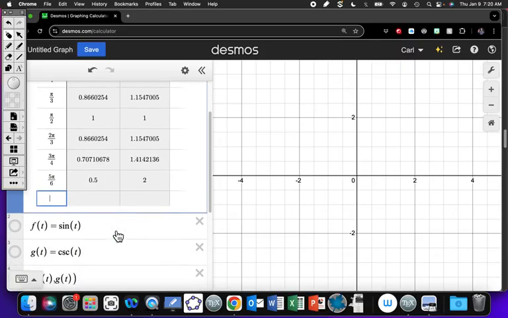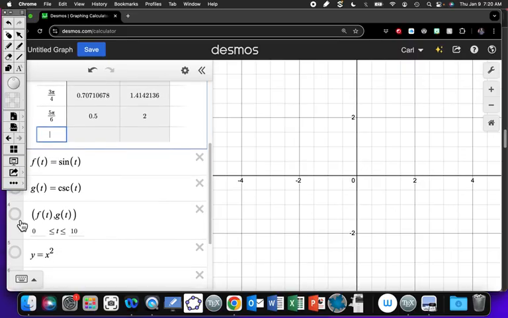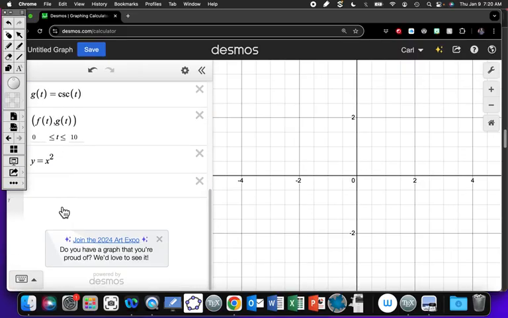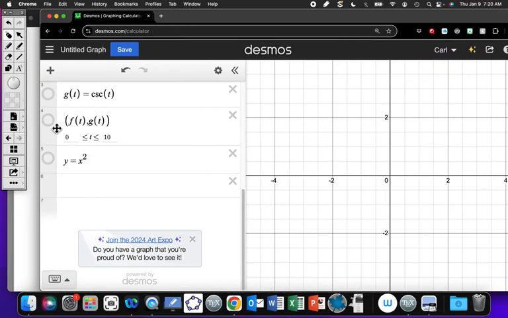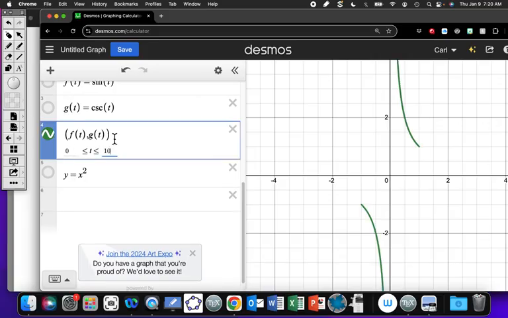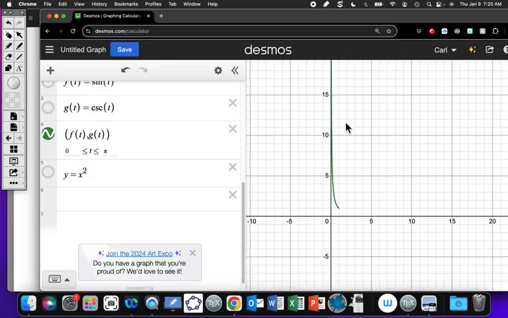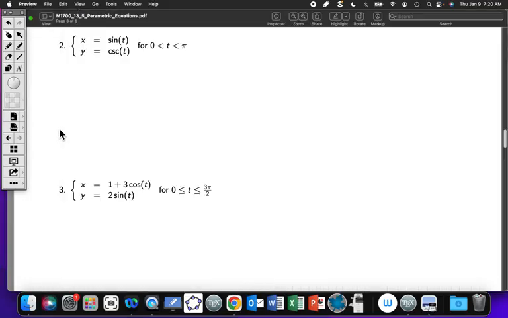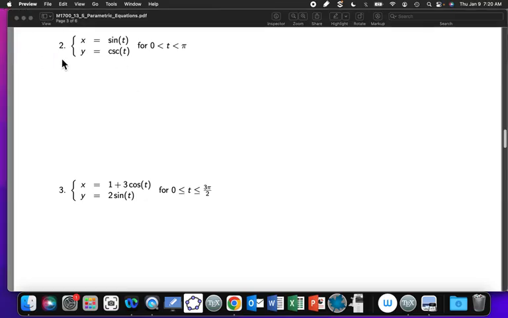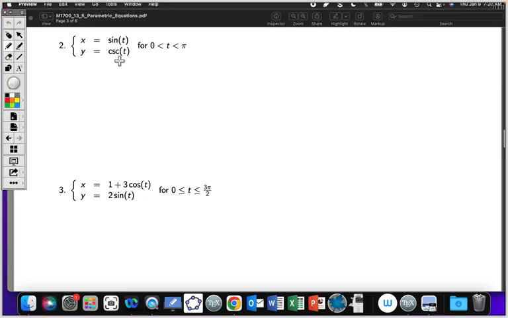Actually, we'll just graph this. We'll go 0 to pi. And so we can see what happens is we actually get a vertical asymptote here.